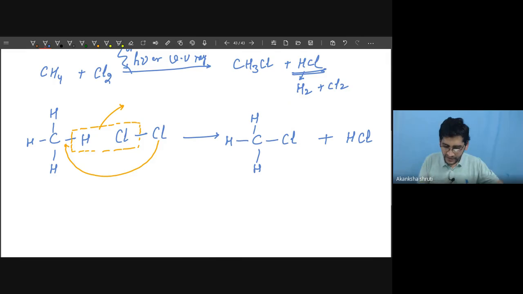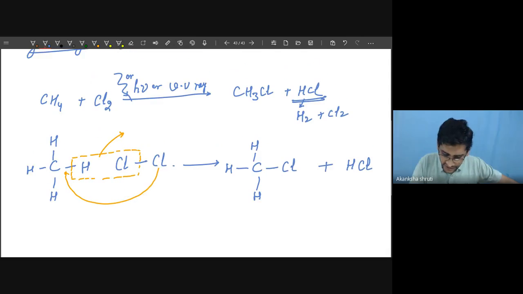Students, for this reaction to occur, we need to write here ultraviolet light, UV ray. Or in presence of light, this reaction can occur.